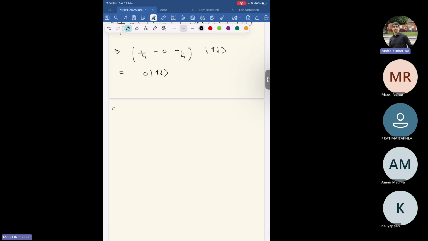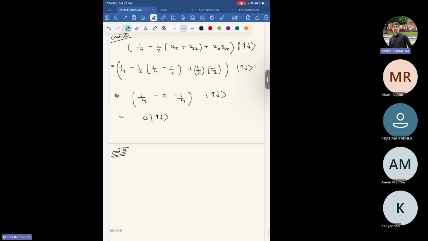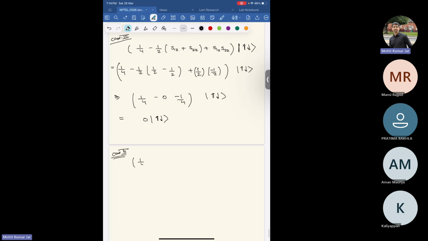Similarly, case 4 you can try. So case 4 is also the same one. It's 1/4 minus 1/2 (S1z plus S2z) plus S1z S2z operating on down spin, up spin. So this will give you 1/4 minus 1/2.